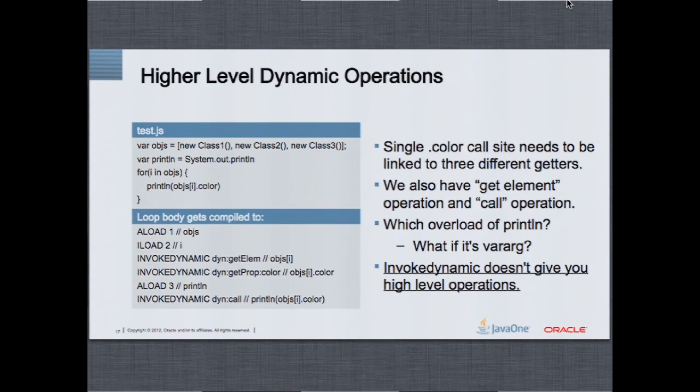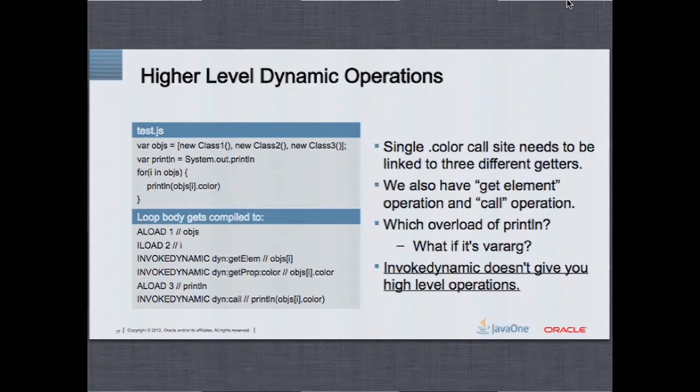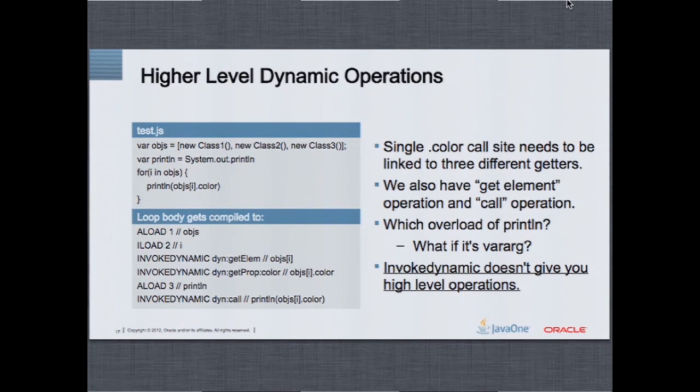So what if you have crazy code like this, where you take an array that has an instance of the first class with a public field, another class with a bean getter, and a third class with the unconventional getter, and then you run in a loop, and you want to retrieve the color property on all of them.